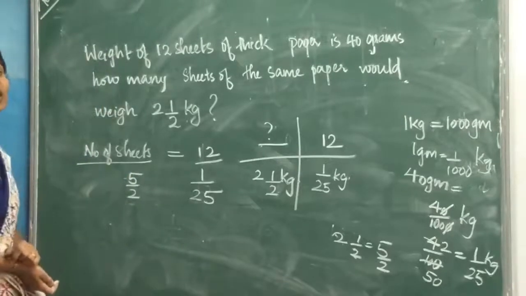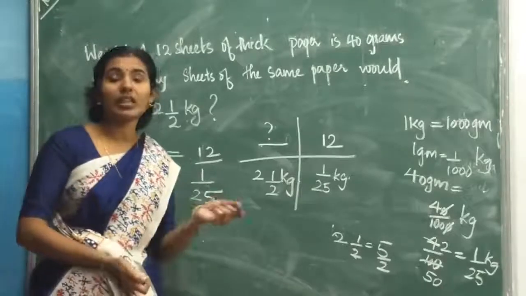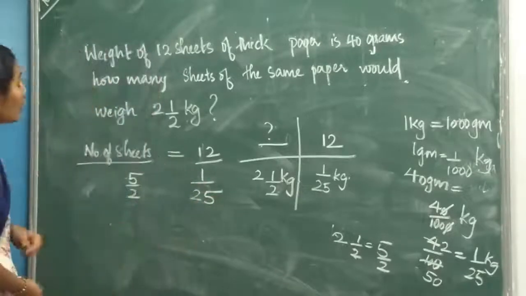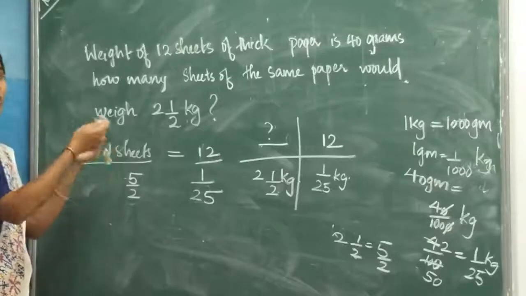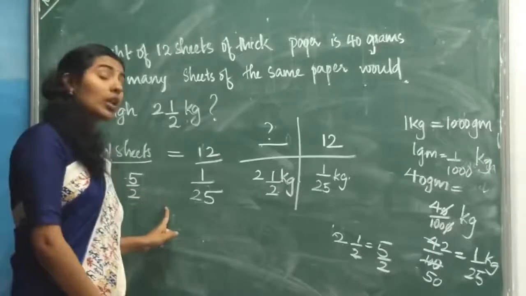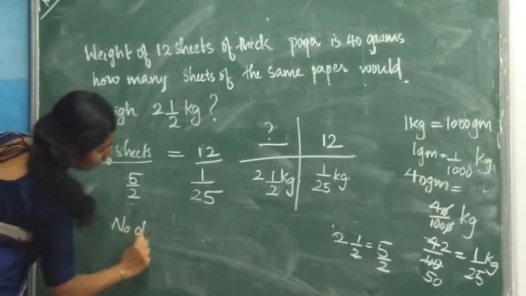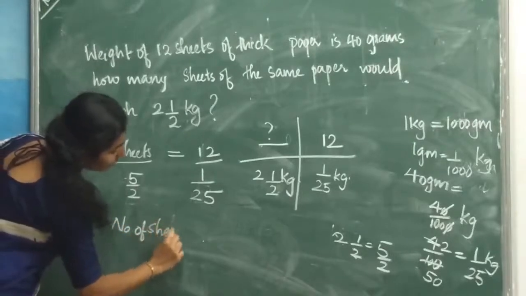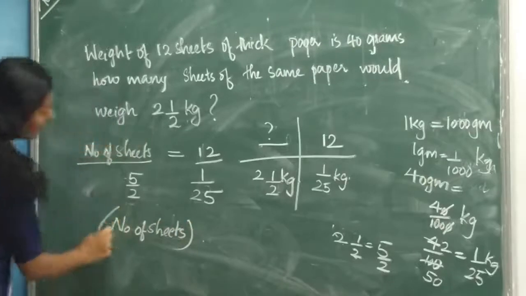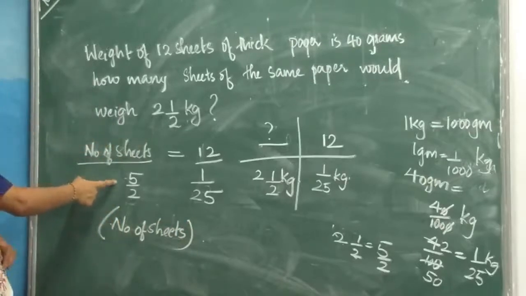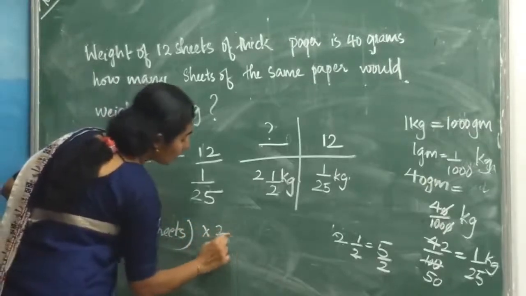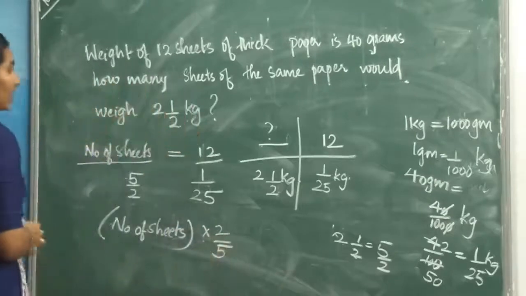And you have studied the rules for fractions. Okay, division of fractions you have studied. So what you should do? The first fraction you should multiply with the reciprocal of the second. So the first fraction is number of sheets. What is the second fraction? 5 by 2. Its reciprocal is 2 by 5. Multiply that.